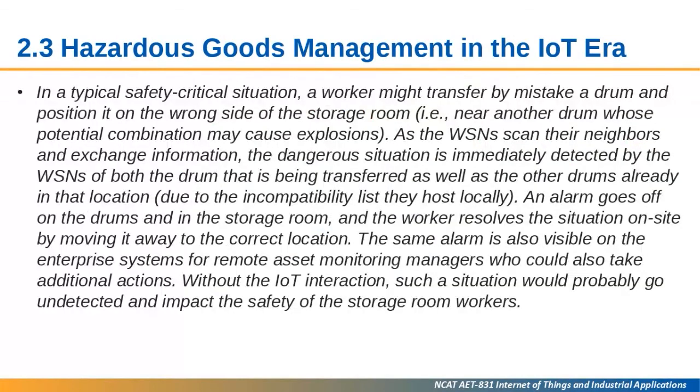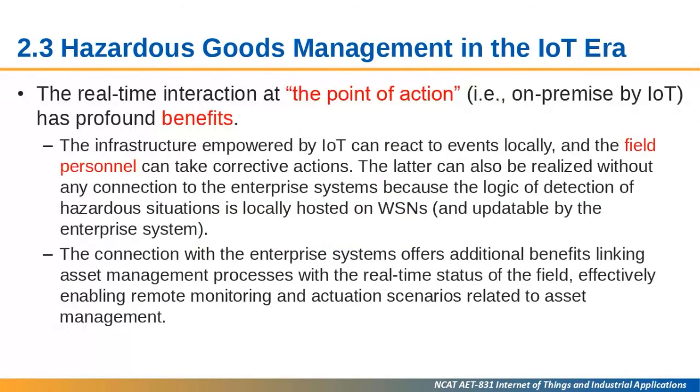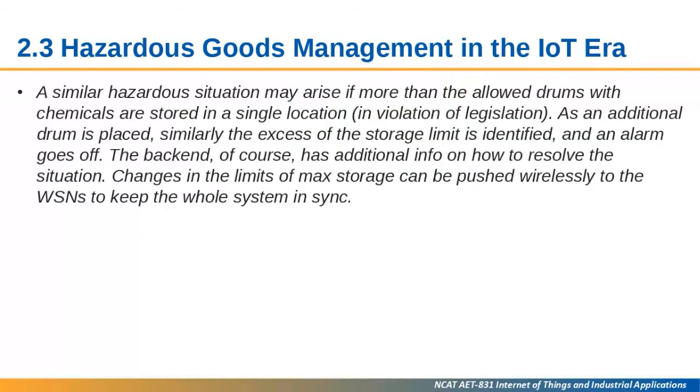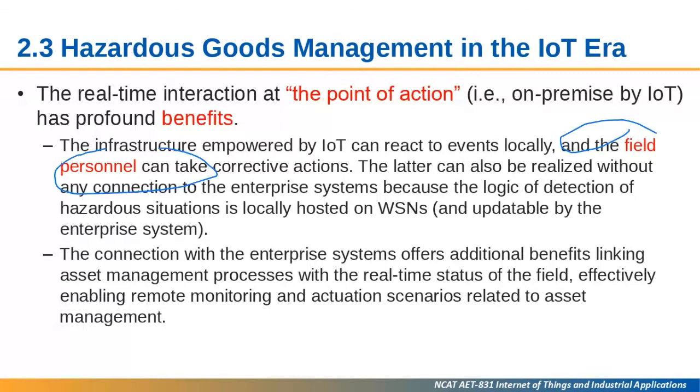So the paragraph here describes the process I described just now. Okay, the real-time interaction at the point of action has profound benefits. The real-time interaction means that the warning is triggered on the floor. So what's the benefit here? Basically, the field personnel can take corrective actions.